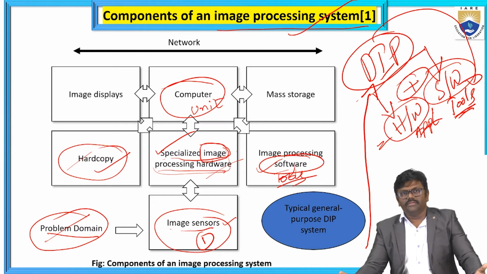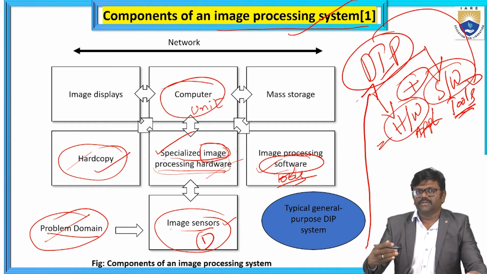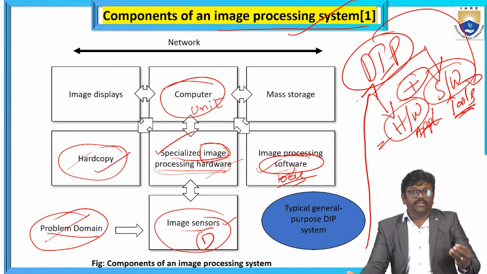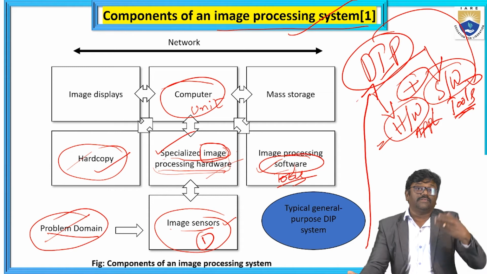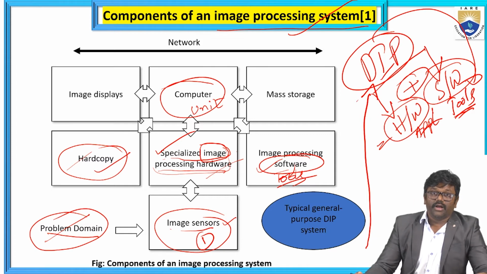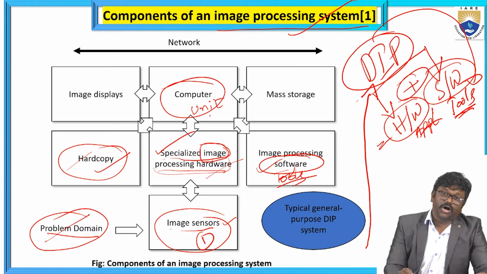The computer simply takes information, processes it, and provides your desired output, so it works like a linear system. You have to understand the computer unit as one of the components used in the image processing system.